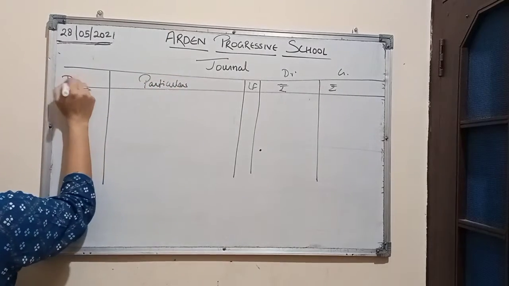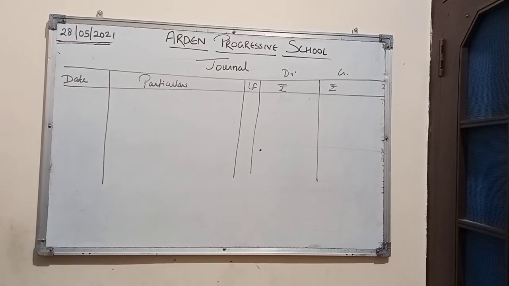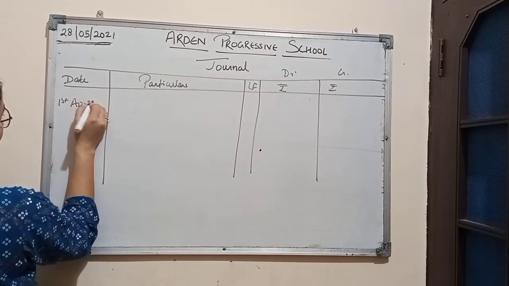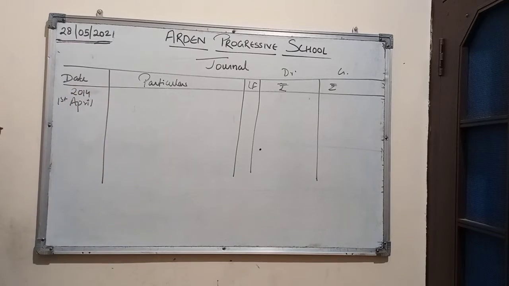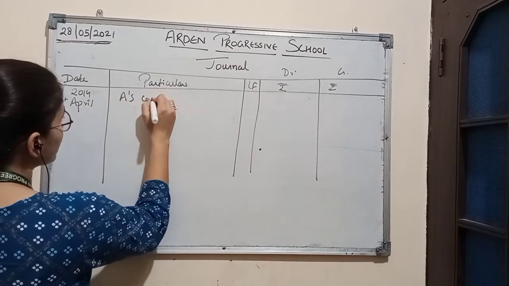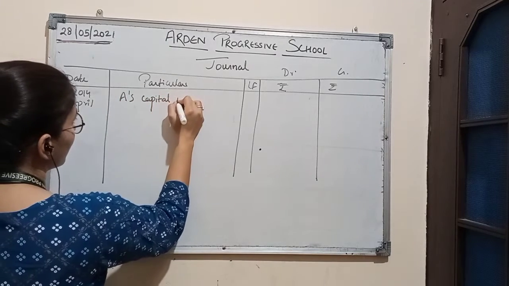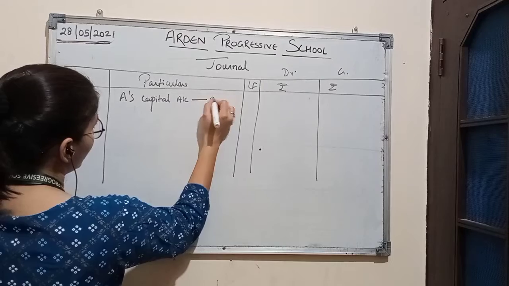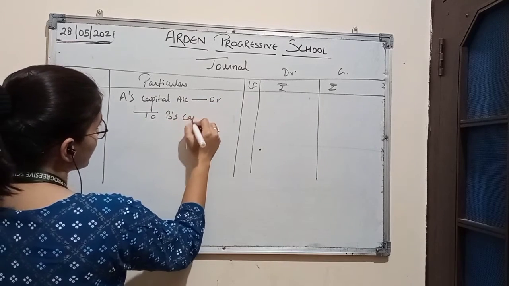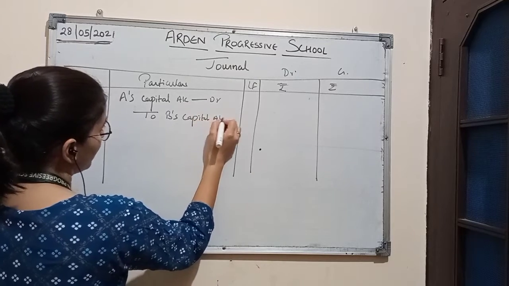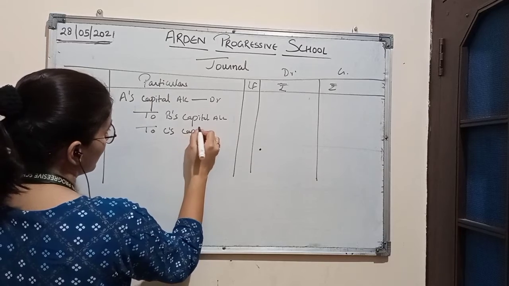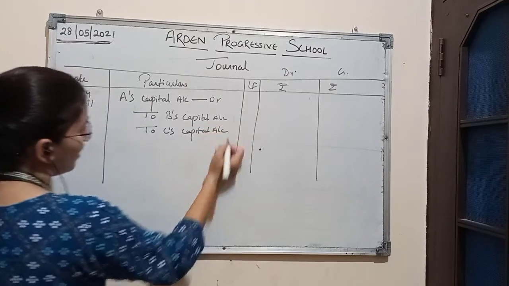Rectifying entry will be passed on 1st April 2014, and the adjustment entry will be A's capital account debit to B's capital account to partner C's capital account.